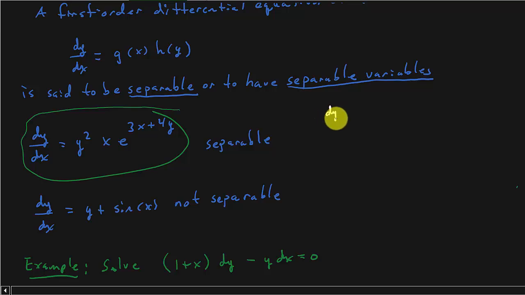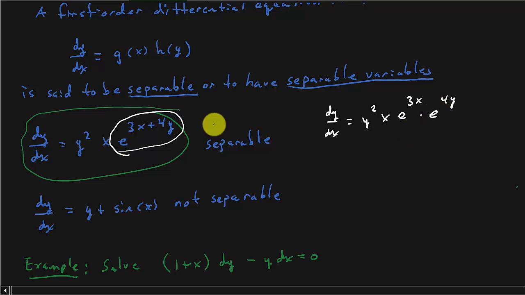So we've got dy/dx is equal to y squared x e to the 3x times e to the 4y. I just wrote that as multiplication because if you have like bases, you add the exponents.